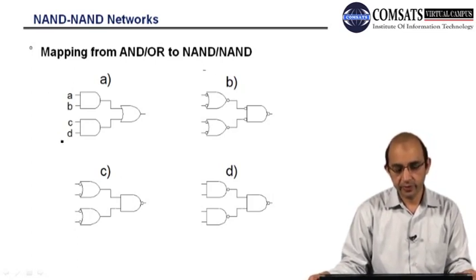So what we can do, if you look here, is replace this AND gate with a NOR but with inverted inputs. And similarly this AND gate with a NOR but with inverted inputs. And here we have replaced this OR gate with NAND but with inverted inputs.